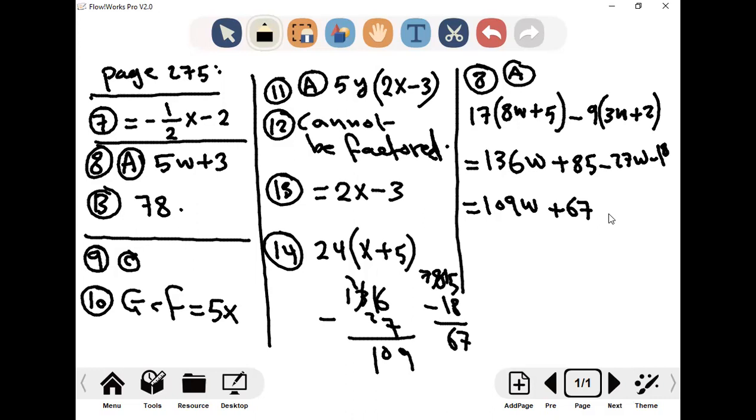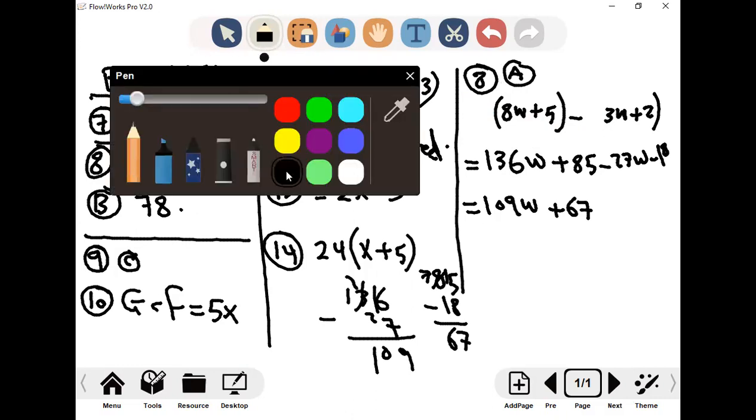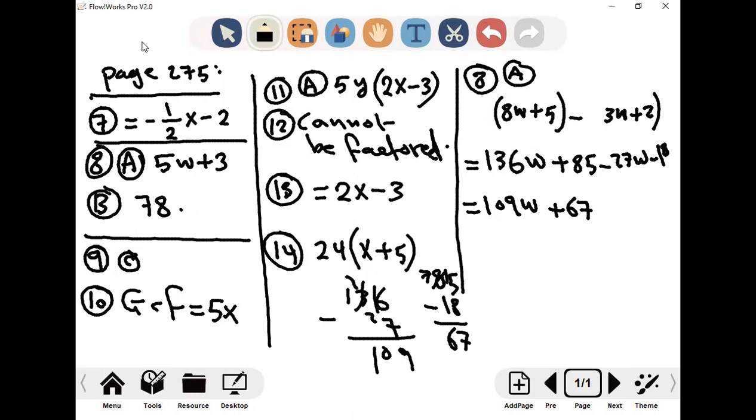For part A, what do they want, guys? Let's read the question. Write an expression that represents the difference between the numbers. Sorry, guys. I'm sorry. We don't need this 17 and we don't need this 9. I thought they want the difference between the total money. I didn't read the question. Ahmed, are you with me? Yes.